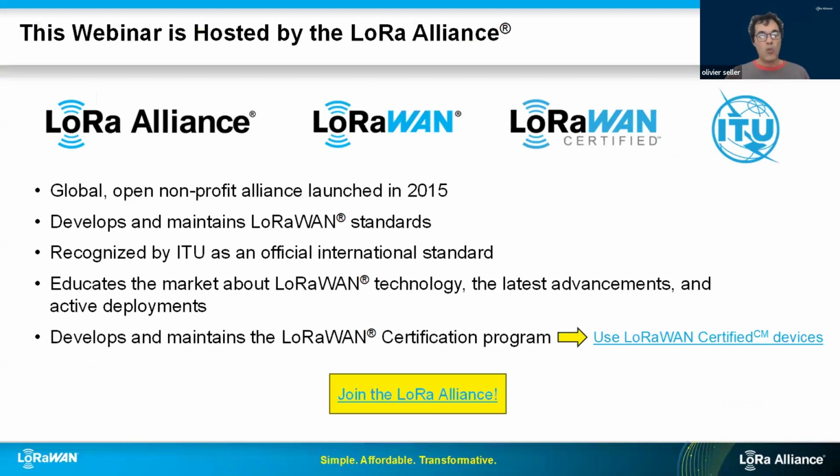This is how we solve it. We solve it as an alliance, as the LoRa Alliance. We are technically a global open non-profit organization launched 10 years ago. But what we truly are is an innovation ecosystem where partners collaborate on technical standards definition.